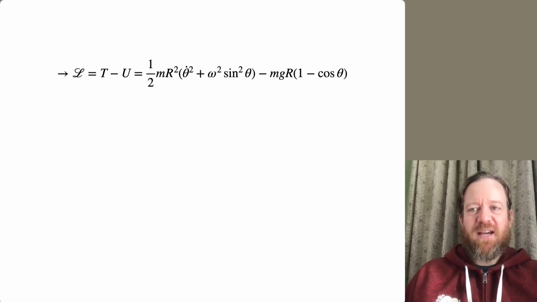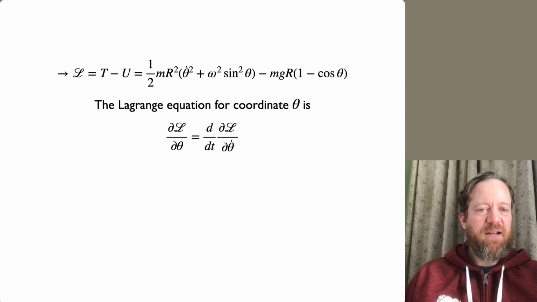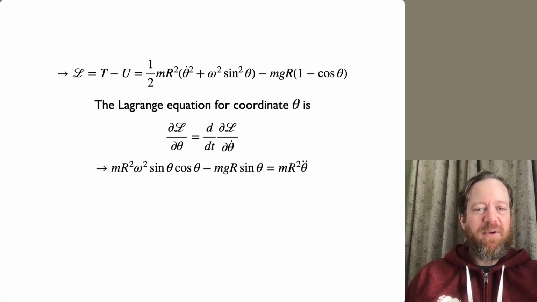Okay, so we write down the Lagrange equation for our one coordinate theta. It will be the partial of L with respect to theta being equal to d by dt of the partial of L with respect to theta dot. We substitute in our Lagrangian, take all those derivatives, and we find we get m r squared times omega squared sine theta cos theta minus mgr times sine theta equaling m r squared times theta double dot.